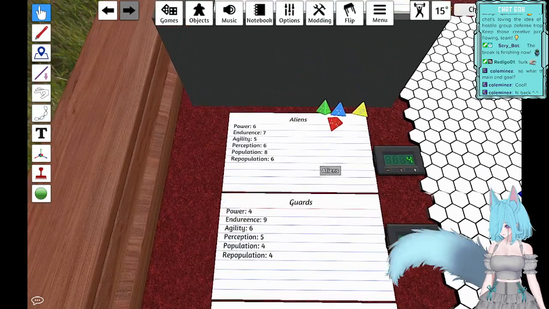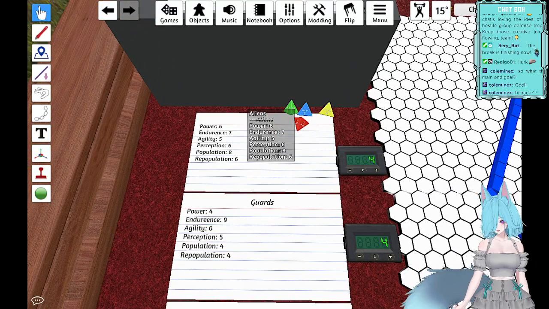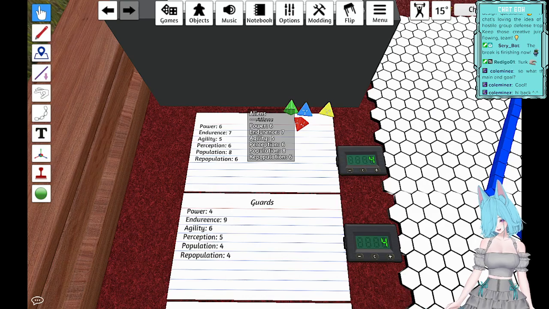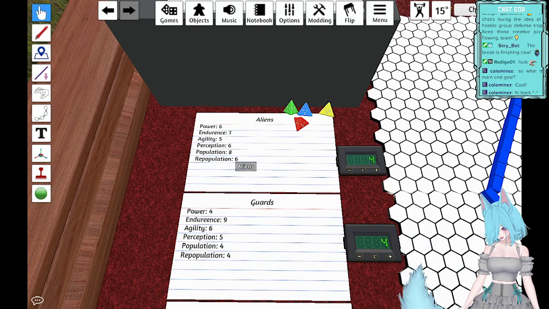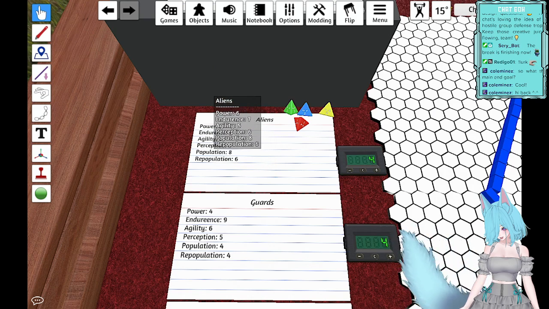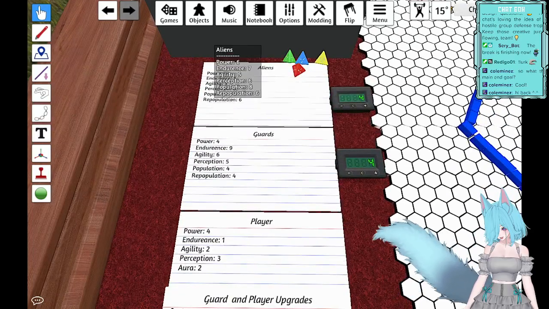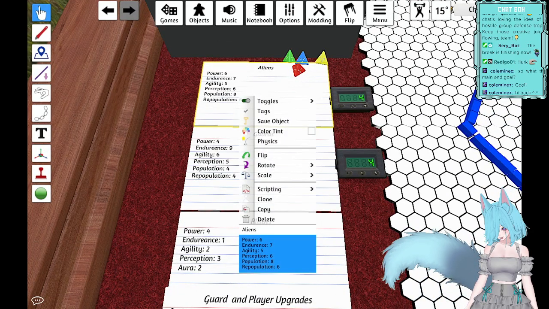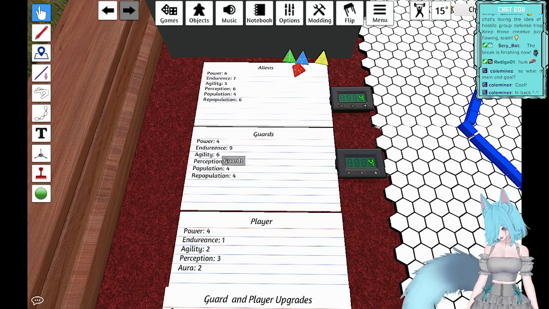So, this is bad. Because this means we currently have a population of 4 aliens in town, and 0 guards.